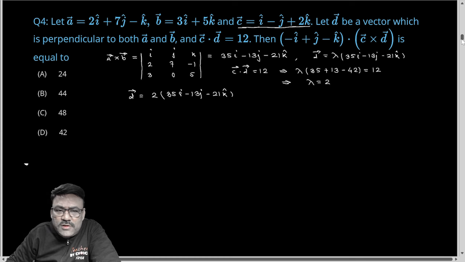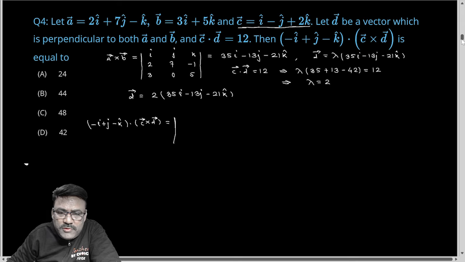So let's take the scalar triple product of minus i plus j minus k dot C cross D. STP means the determinant formed by the coefficients of these three vectors. The first vector is minus i plus j minus k, meaning minus 1, 1, minus 1.